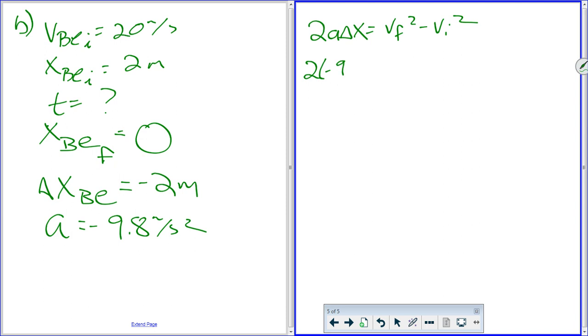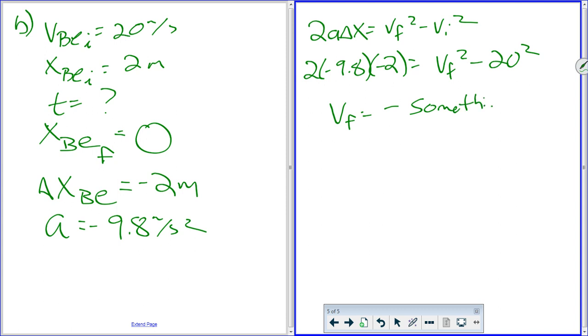So you get 2 times negative 9.8 times negative 2 equals VF squared minus 20 squared, and solve that, okay? So when you do, you're going to add 20 squared and take the square root. When you take the square root, you get 2 answers, right? Positive or negative. Which one do I want? You want the negative one. So this is going to give you negative something. Cool?